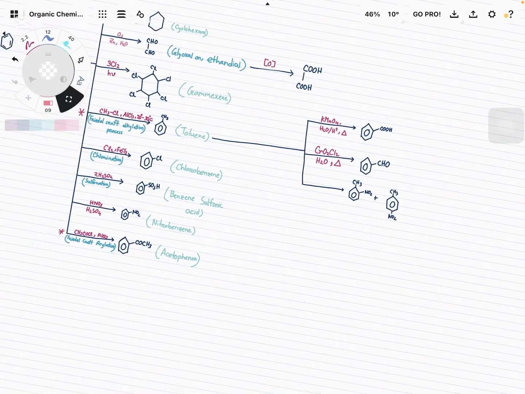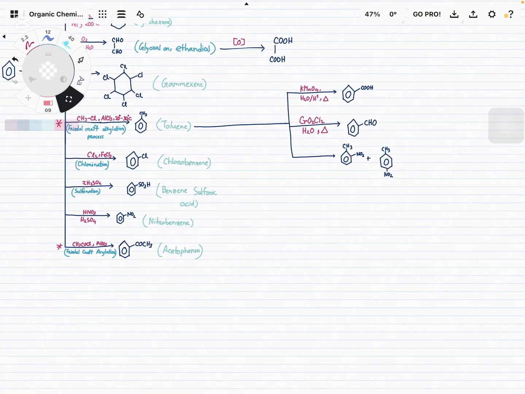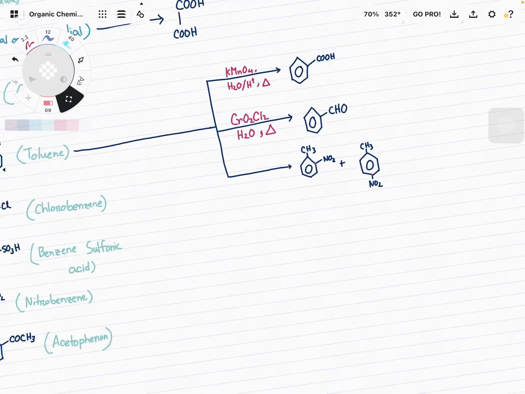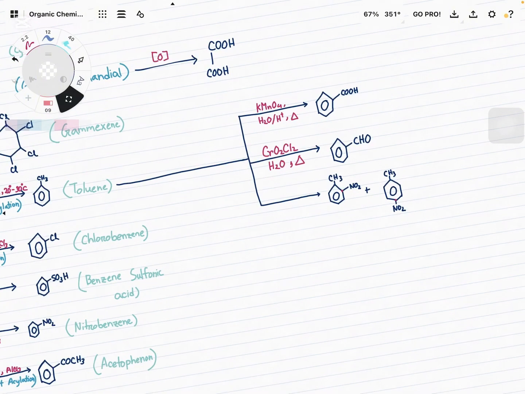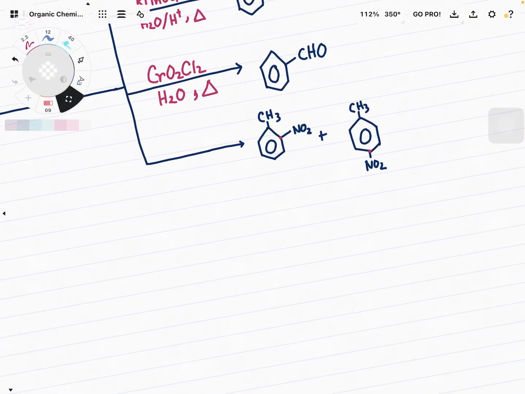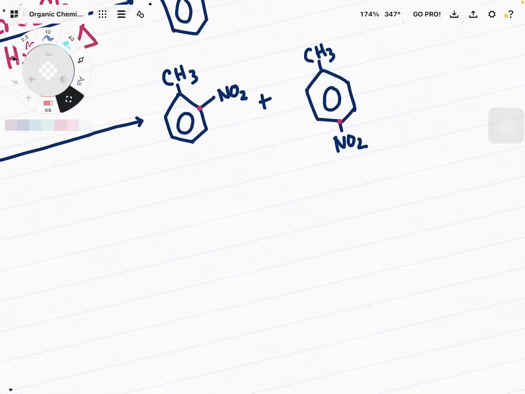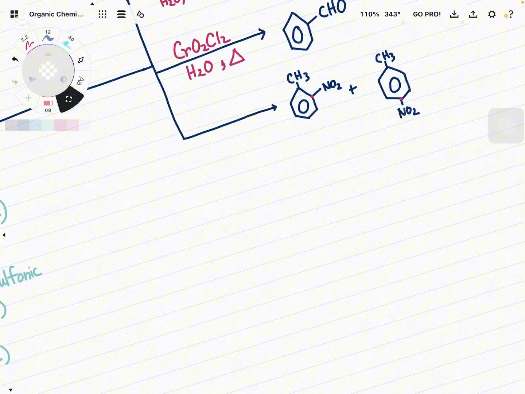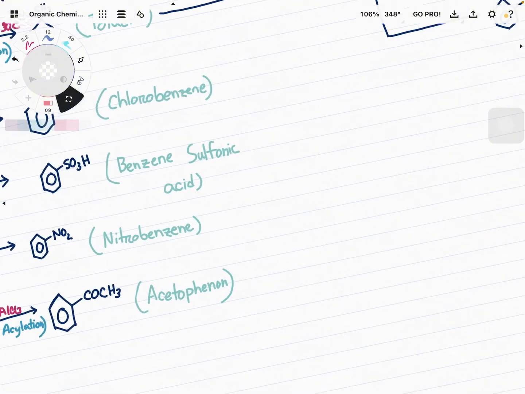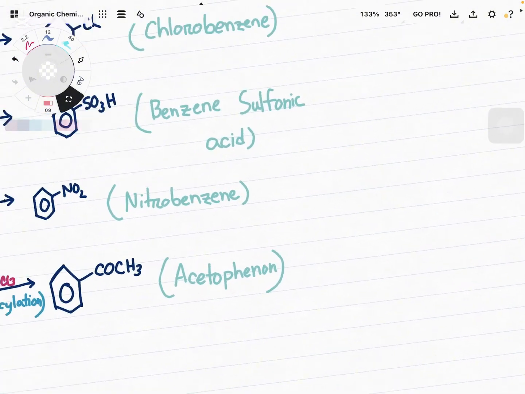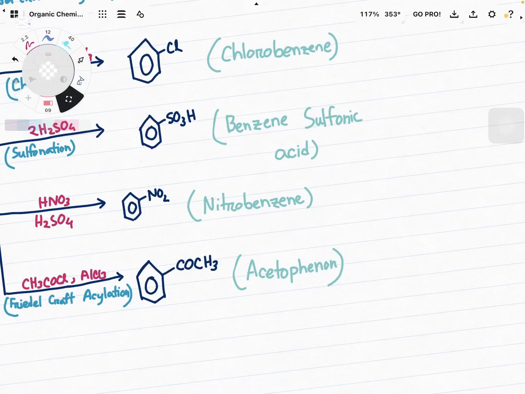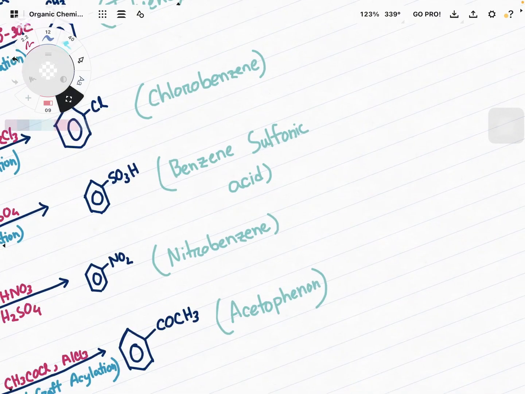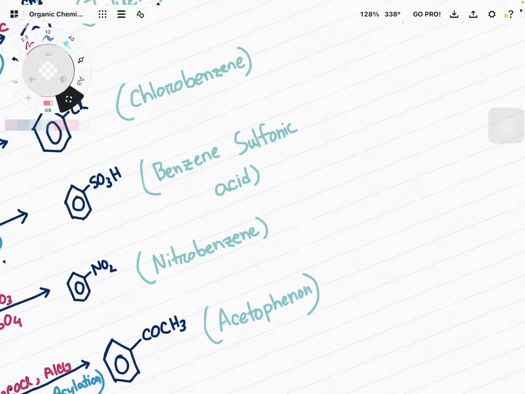Okay, our reactions of toluene are done. We will get an important reaction from here. Okay, we'll come back here, but first let us make diazonium salt.